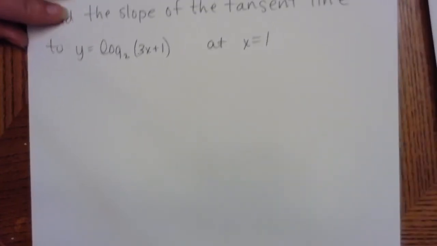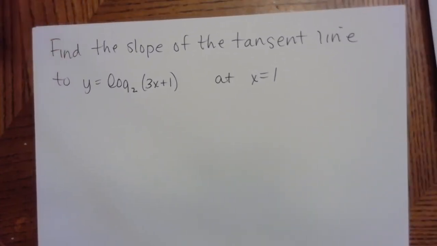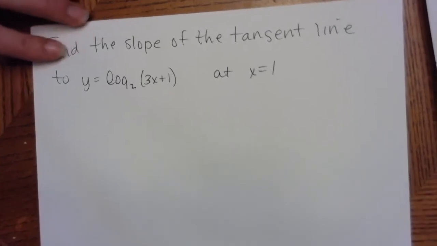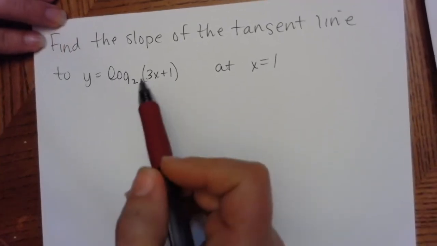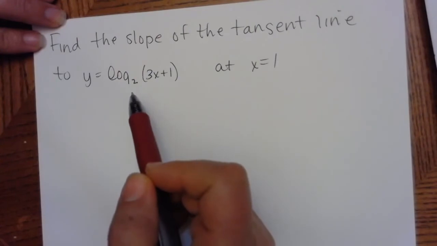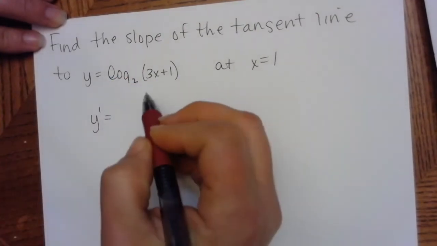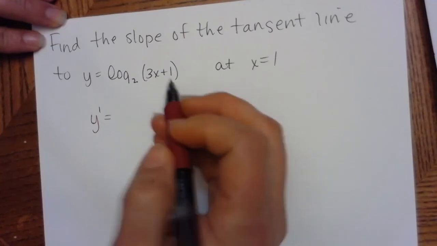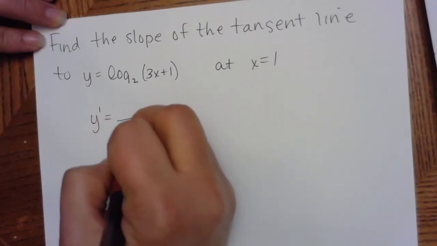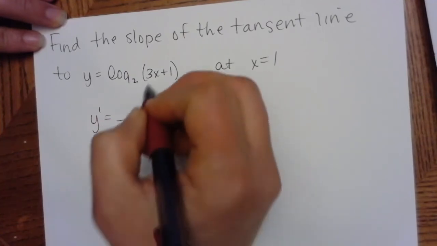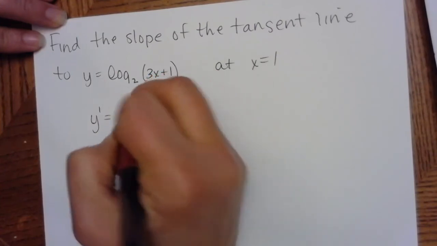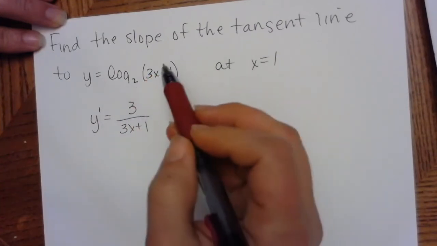So let's find the slope of the tangent line at x equals 1. This time we have a log of base 2, so we're going to need an extra step. So y prime equals, now the original is just the same, so I'm going to have 3x plus 1 down here, and then I'm also going to have the 3 on top from the derivative of this.